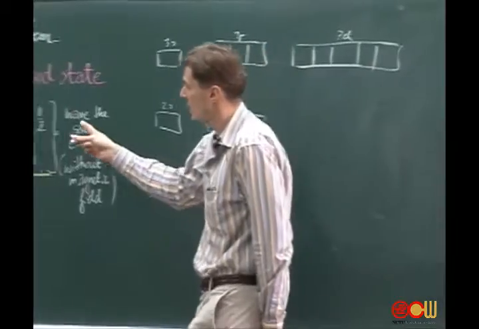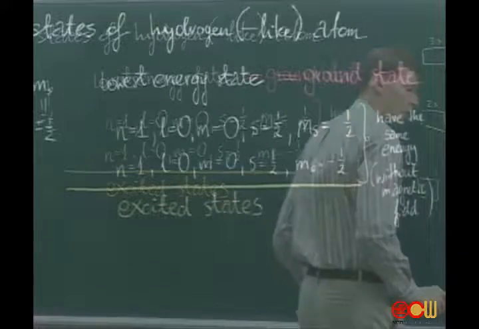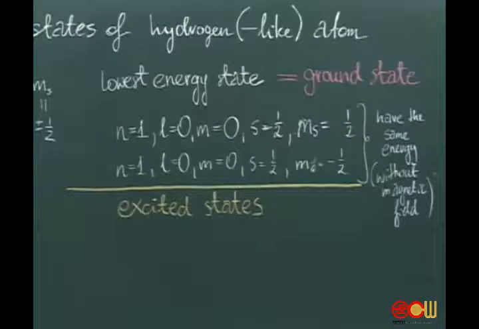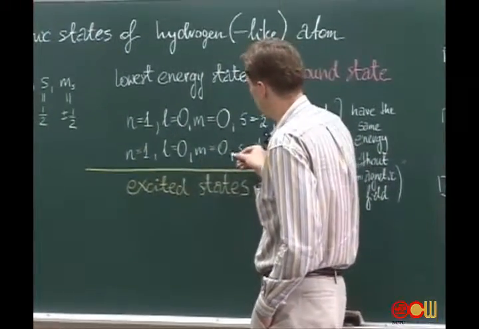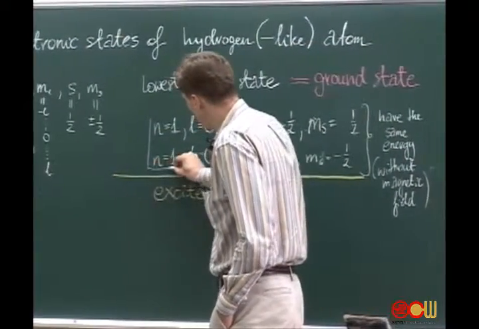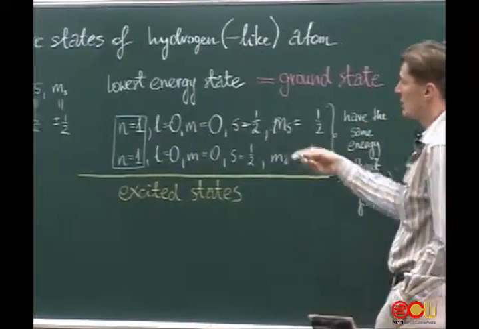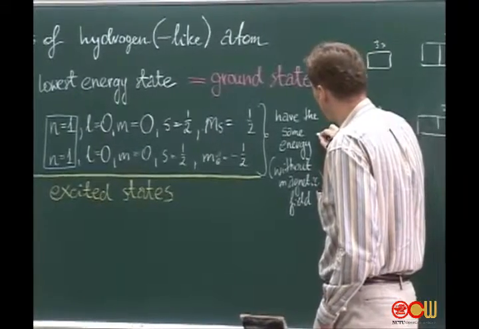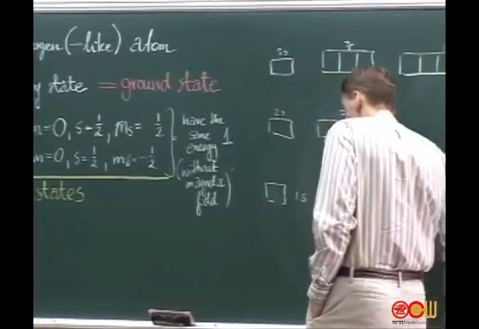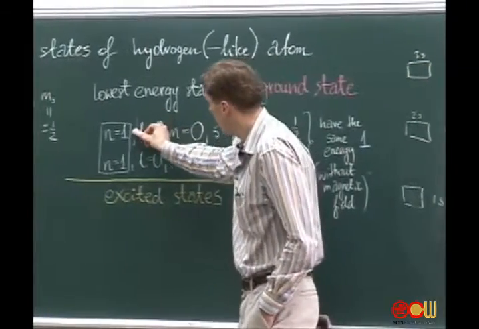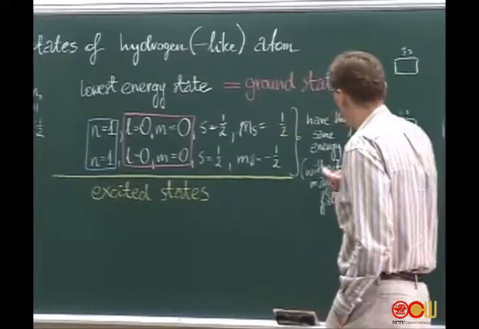And again, I can write all these quantum numbers for the excited states, but as you see, this is not very convenient. It requires a lot of writing. So very often, instead of writing all these things, people write this in a short way. So instead of writing n equal 1, people just write 1. Instead of writing l equals 0, m equals 0, people write s.